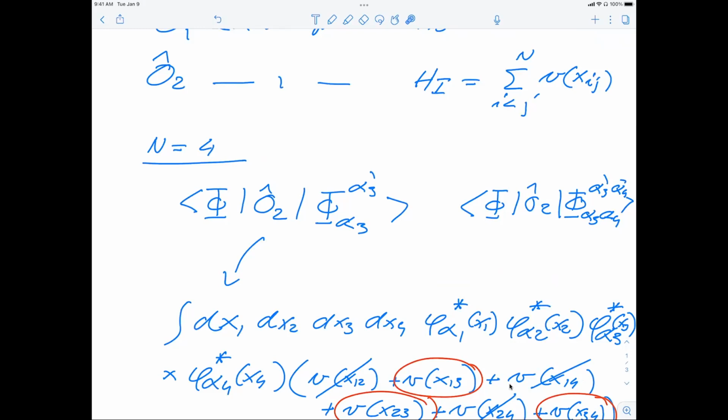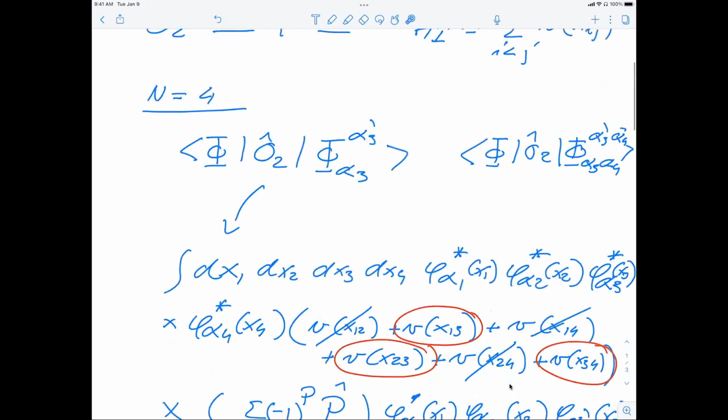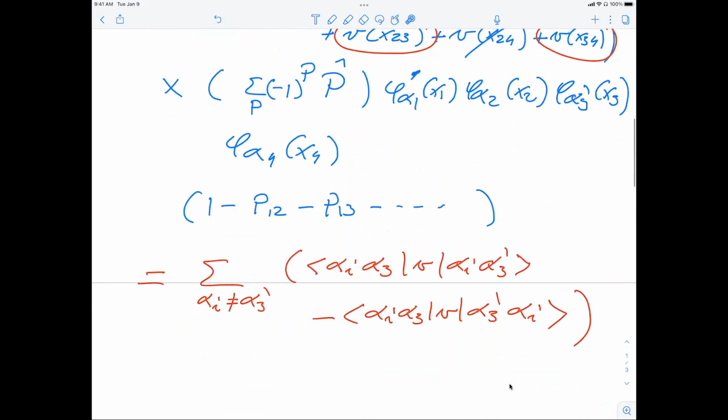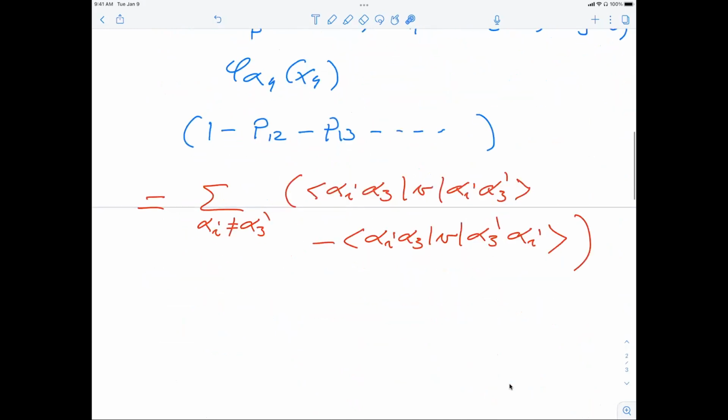If they differ by 0, then you have an analytical expression, and the only thing you need to plug in are the matrix elements, this table. If they differ by 1, you have the same thing. You have this analytical expression you have to calculate. And if they differ by 2, let's look at that case.